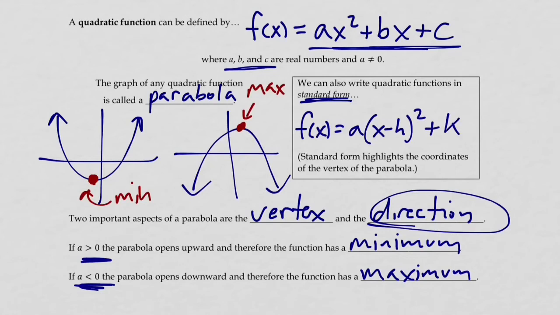If we have a function in standard form, it's very easy to identify the vertex because the coordinates of the vertex are going to be (h, k). So whether it's a maximum or a minimum is determined by the value of a, and in standard form we can see where the vertex is from h and what the maximum value is by looking at k.